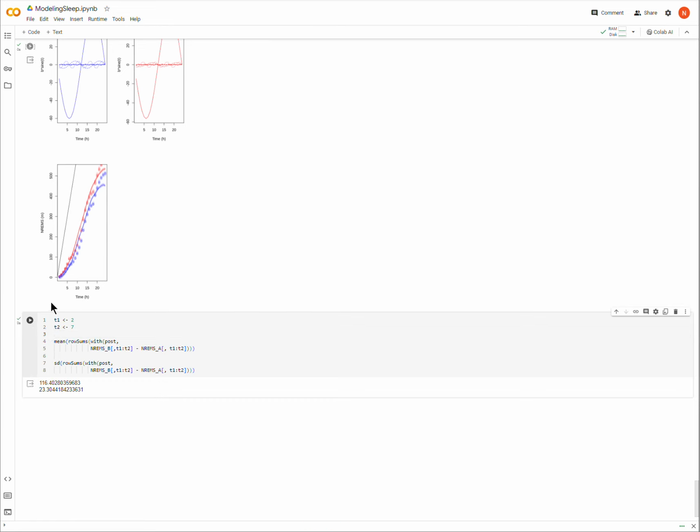This is called a contrast, but we get that it's about 116 minutes on average with a standard deviation of about 23 minutes. So in other words, Group B is sleeping on average 116 minutes more than Group A between hours 7 and 2, or 2 and 7, but that difference has a standard deviation of about 23 minutes.